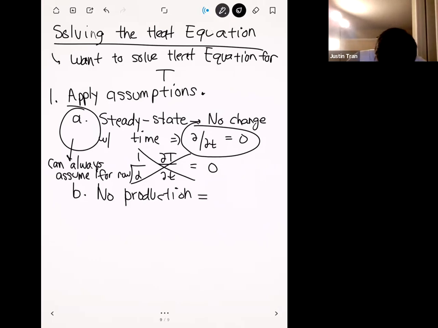That tells us that our production term, which remember was Q dot over K, we can set equal to 0 as well. Under both of those assumptions, we cross out those two terms, and we're left with just the diffusion term after that.